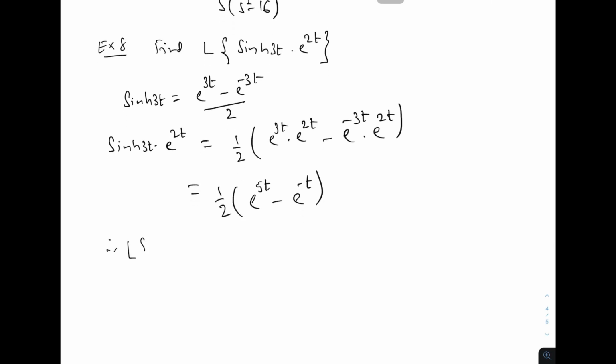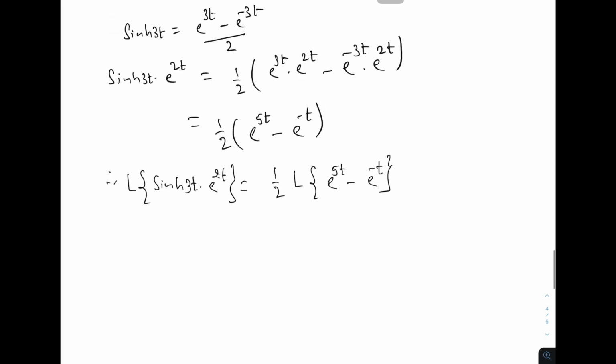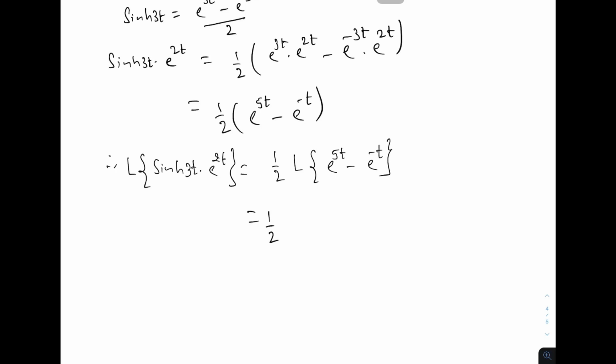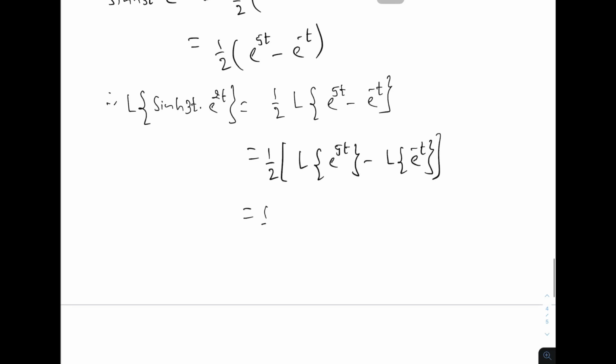So Laplace transformation of sine hyperbolic 3t into e power 2t equal to 1 by 2 Laplace transformation of (e power 5t minus e power minus t). So this is equal to 1 by 2 (Laplace transformation of e power 5t minus Laplace transformation of e power minus t), and so this is 1 by 2 (1 over s minus 5 minus 1 over s plus 1). So that is the answer.